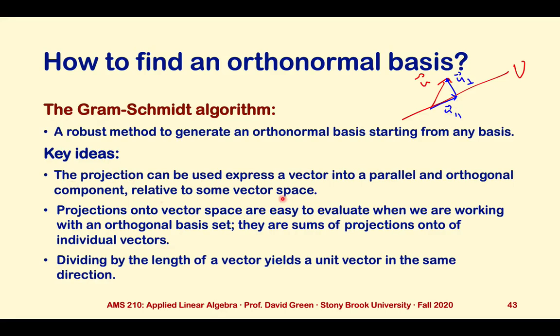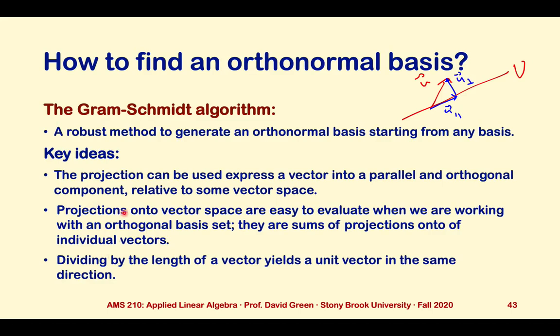So the projection lets us split vectors into a parallel and orthogonal component, and projections are easy when we are working with an orthogonal basis set because they're just the sums of the projections onto the individual basis vectors. That makes it a lot easier to evaluate projections rather than having to take all of these matrix inverses repeatedly.